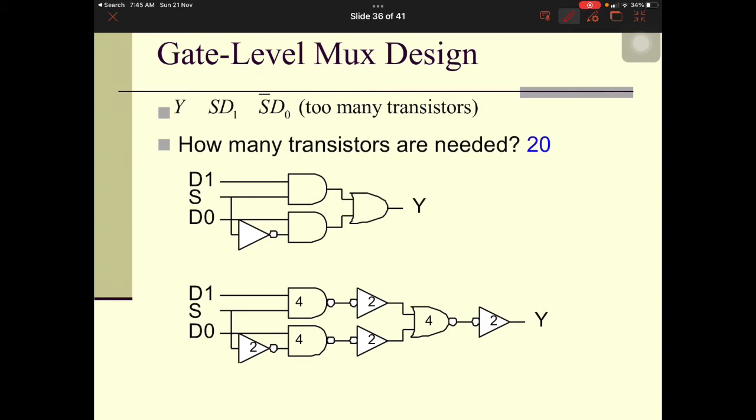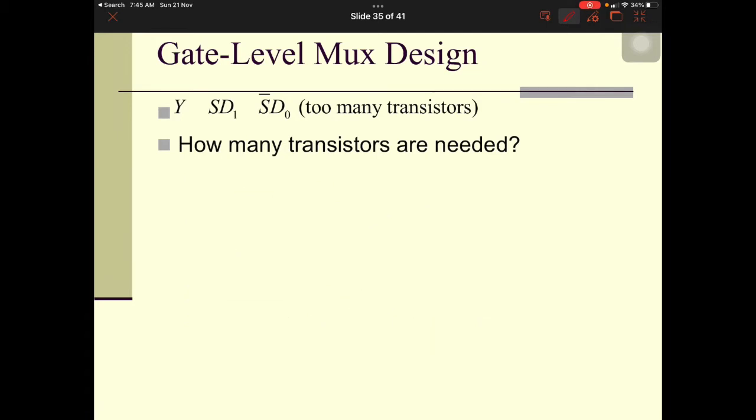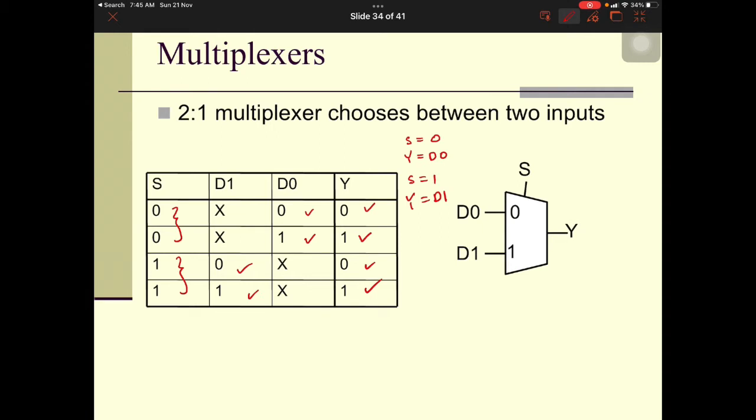So if you put in the equation for the mux right over here, so you can see here, S equals 0, Y equals D0. Okay, sorry.